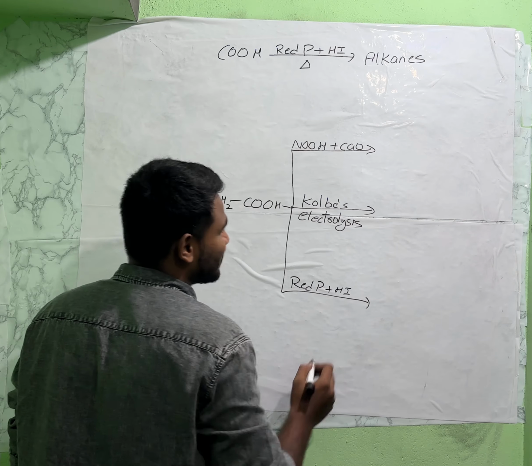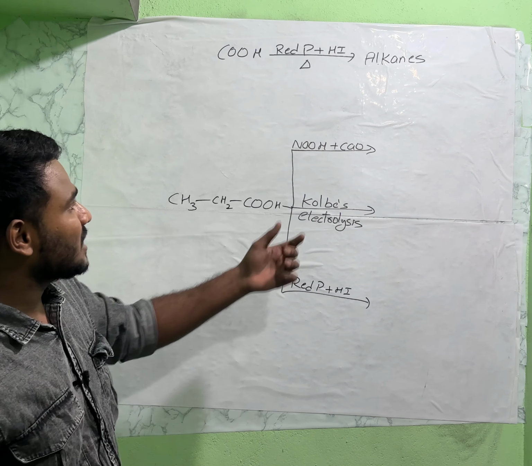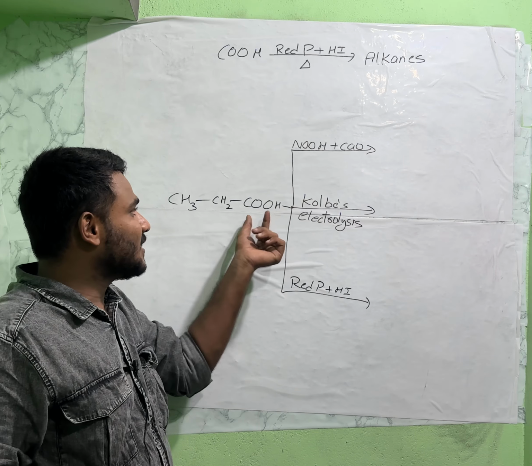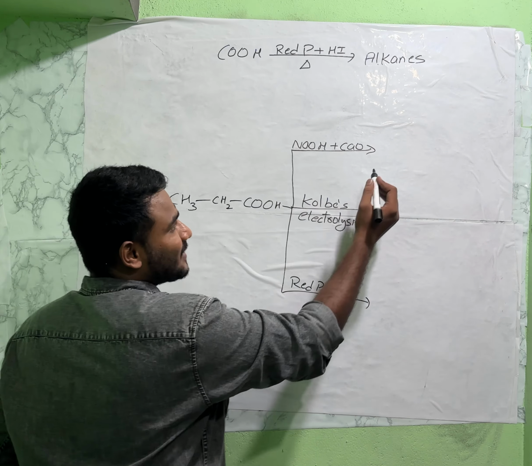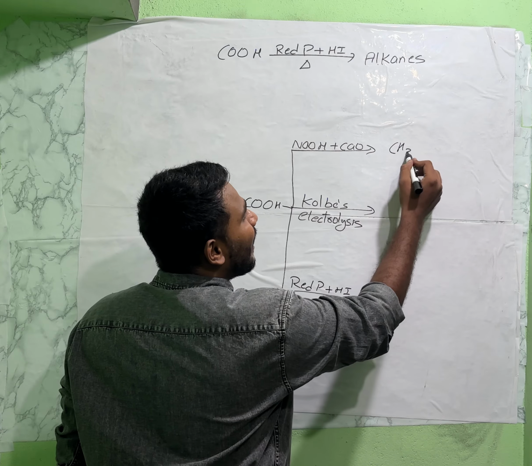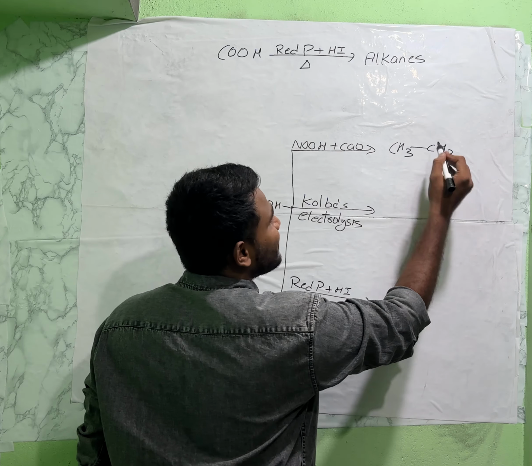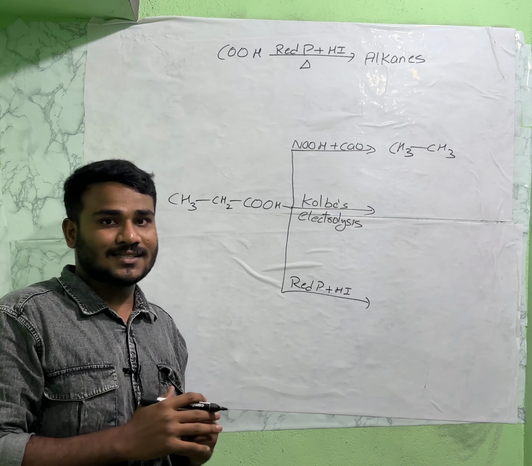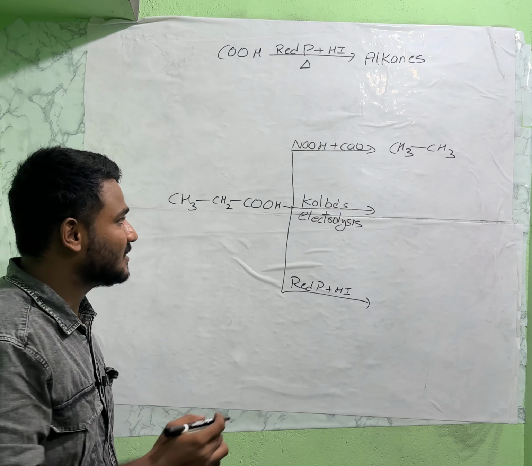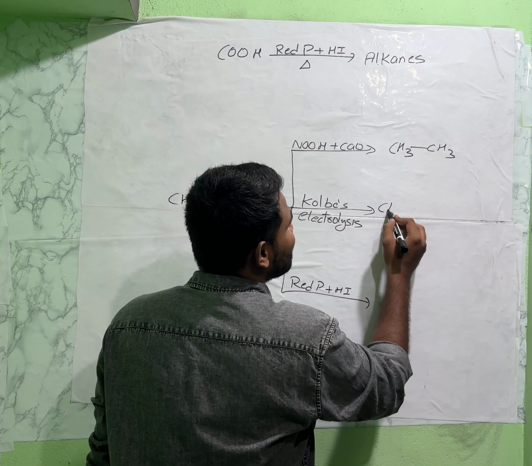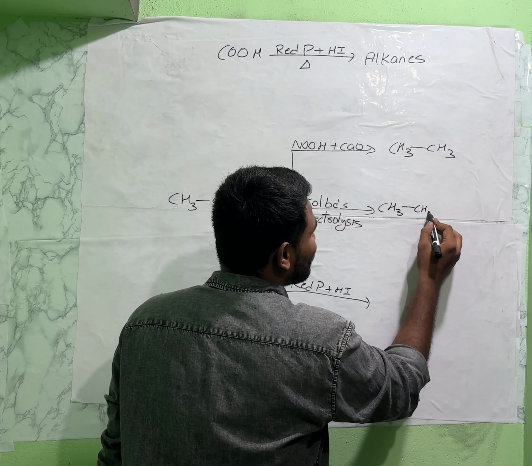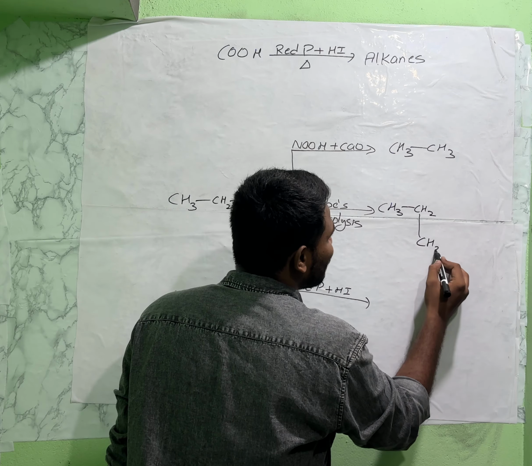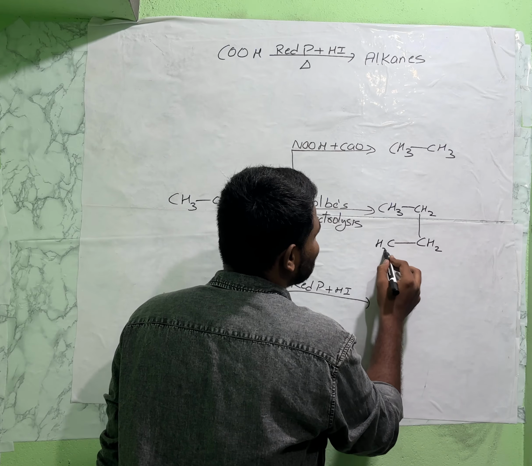Today we are going to discuss this reaction. As we know, NaOH plus CaO is a decarboxylating reaction and the product is the alkane CH3CH3. In Kolbe's electrolysis, as we saw in the last class, it is a free radical mechanism and the product is CH3CH2CH2CH3.